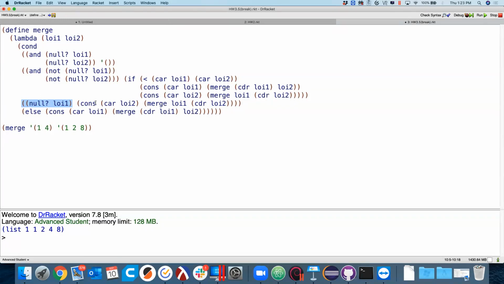Right, like in order. You're right, we could. So he's asking, since we know that LOI1 is completely done, why don't we just cons? Actually, we don't even need the cons. We can just say LOI2 here, right? Yeah, that's what I'm thinking. Like that. Why process the rest of a list when we know it's always going to be the winner?